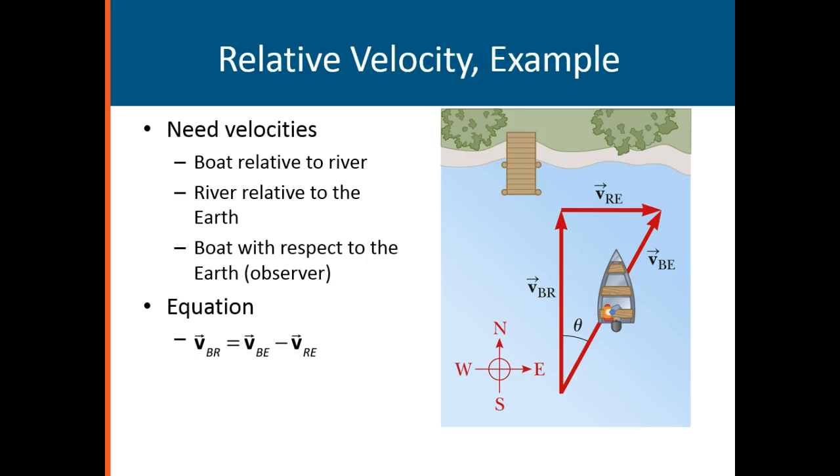The boat in this figure is heading due north. That's why it's the velocity of the boat relative to the river. There, it's not Earth, but river. Heading due north as it crosses a wide river with a velocity of 10 kilometers per hour relative to the water.